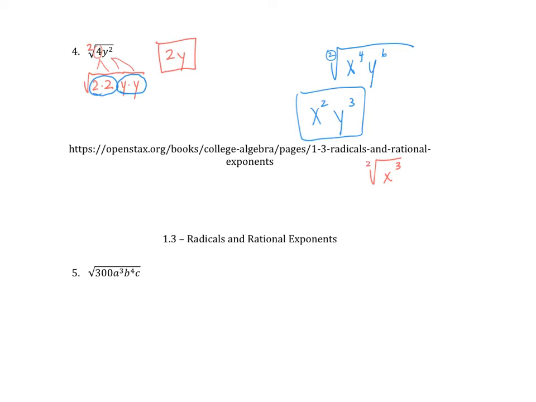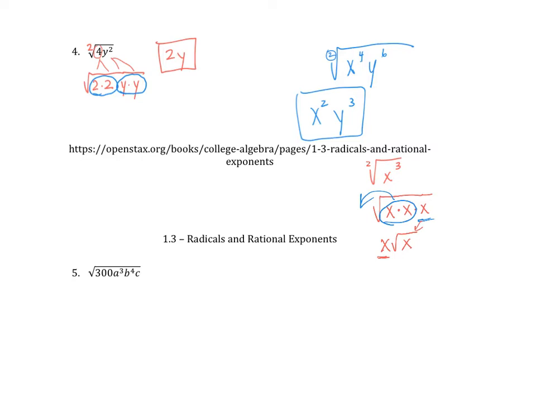But 3 is bigger than 2. If we wrote this out in expanded form, that would be x times x times x. And you can see that we do have a pair of x's that would come out. We just have a leftover x. So what we would get is x square root of x. So the circled x's come out as this x, and the leftover x stays where it is.